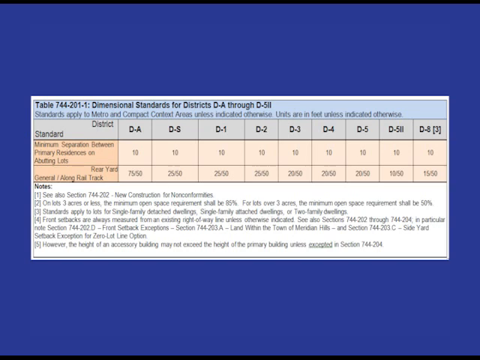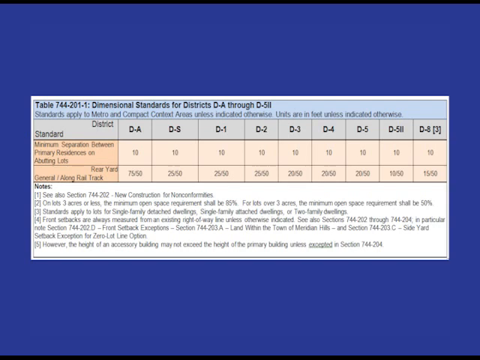The D8 district is unique in that it explicitly allows both single family, doubles, single family attached, and multifamily. So keep in mind, these standards in this table apply to the single family attached, or doubles in the D8 district.